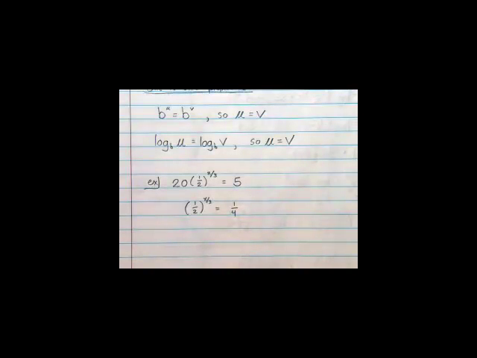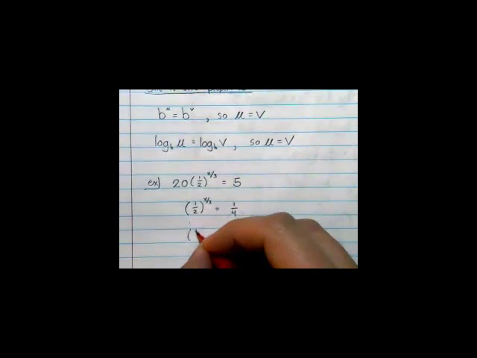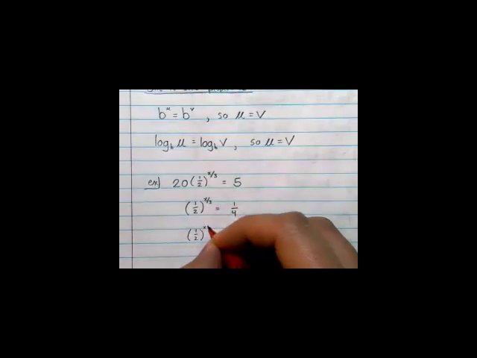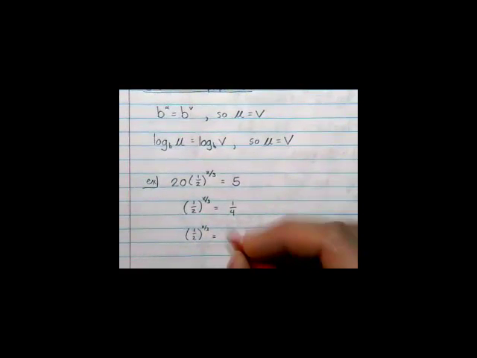But I want to take this 1/4 now and write it in such a way that it is a base of 1/2. So 1/2 to what power gives you 1/4? 2, right?